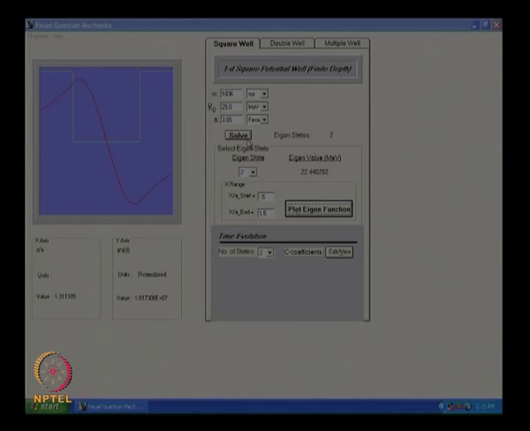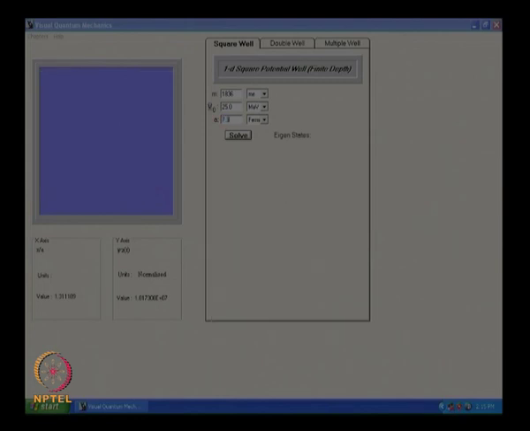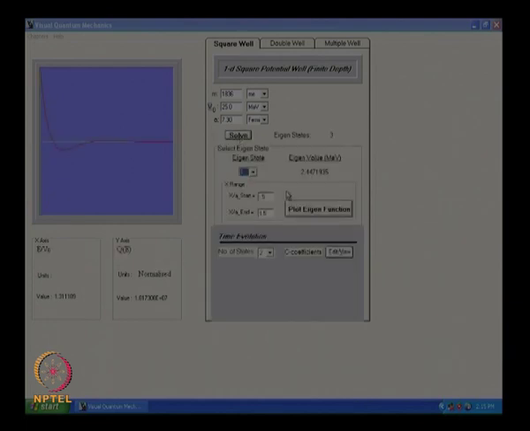Now, let me make this 2 times this value, so that instead of 3.65 we write 7.30 Fermi. So, the width of the potential well has now increased. Now, we have 3 eigenstates. The same potential well with this larger width will have 3 eigenstates.